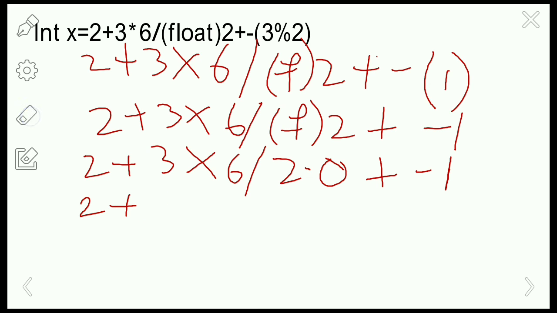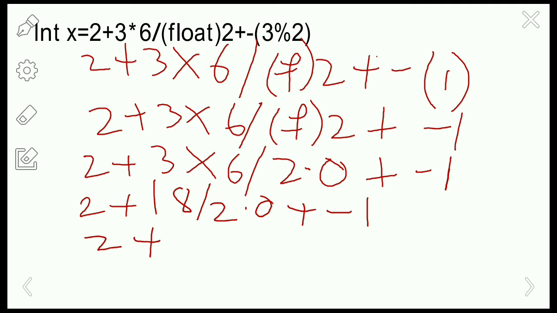So 3 into 6 is 18, by 2.0, plus minus 1. Then 18 by 2.0 is 9.0, so 2 plus 9.0 plus minus 1.